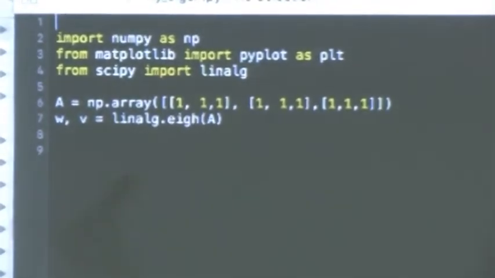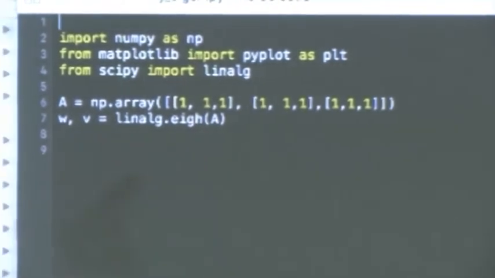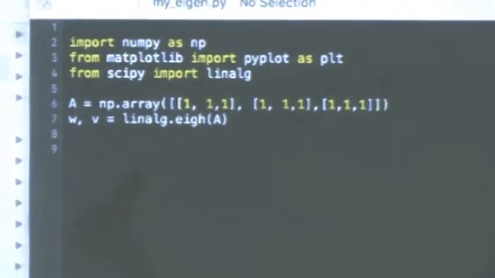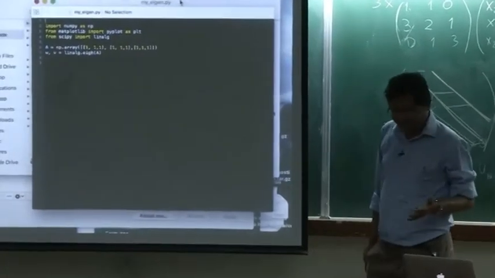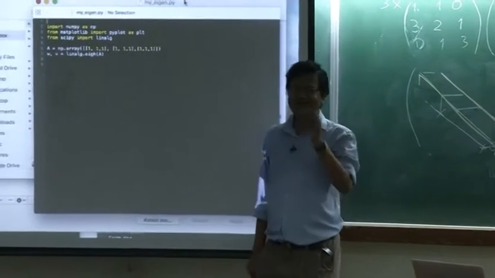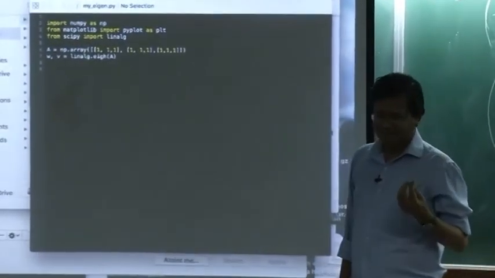The characteristic equation is an nth order polynomial, so it has n zeros.